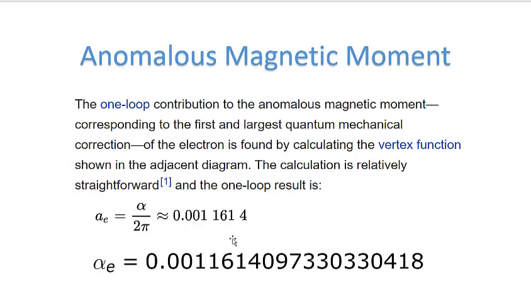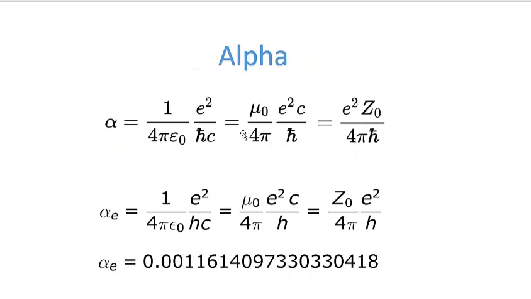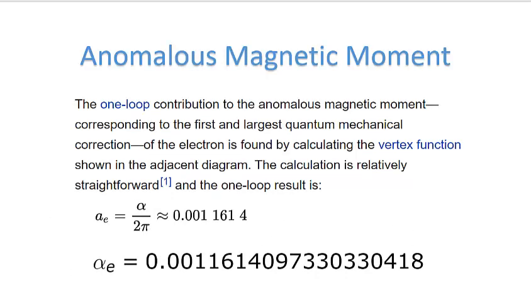When you use non-reduced Planck's constant, you have to use the anomalous magnetic moment. And when you use reduced Planck's constant to calculate alpha, you get the standard alpha. All of these terms using non-reduced Planck's constant, as opposed to reduced Planck's constant, evaluate to the anomalous magnetic moment. For me, this was a huge piece of the puzzle. The anomalous magnetic moment isn't something different than alpha.